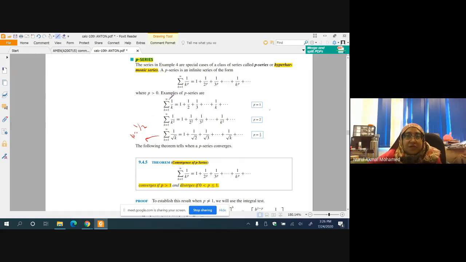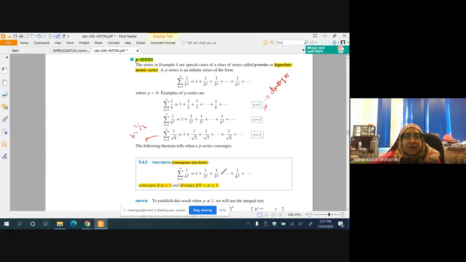For the first one, k to the power of 1, so your p is equal to 1. It says that if p is equal to 1, it will diverge. So this one diverges.